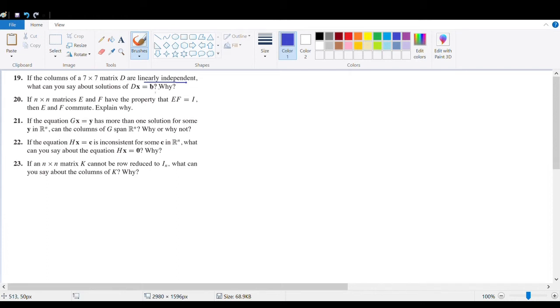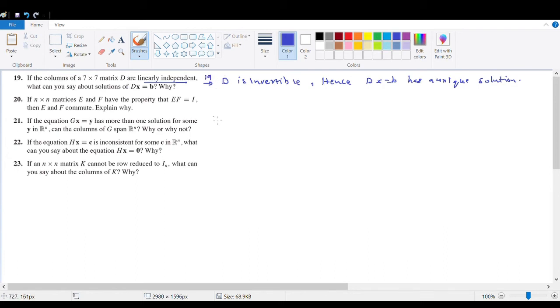That means Dx equals b has a unique solution because it has a pivot in every row. Because the columns are linearly independent, the matrix will be invertible, which means it has a unique solution.